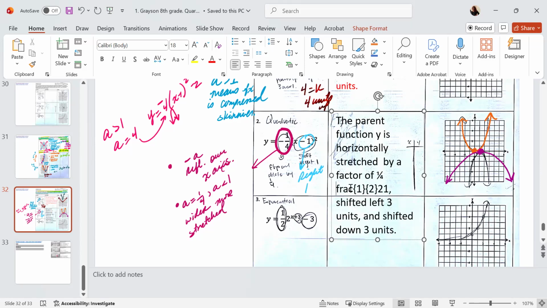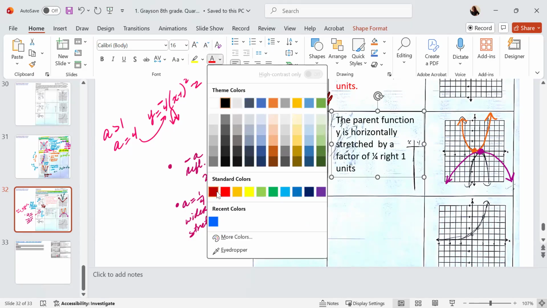And it's shifting to the right 1 unit. Correct? So that's something that you can write for that.